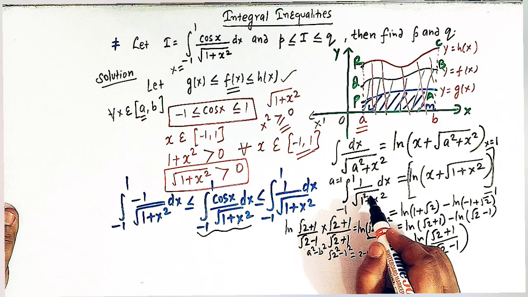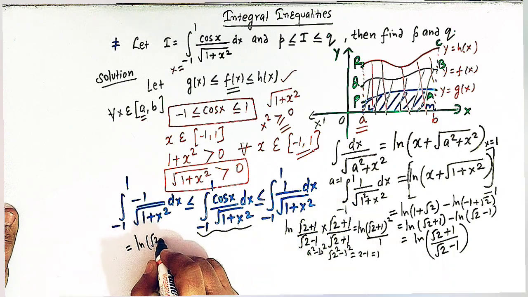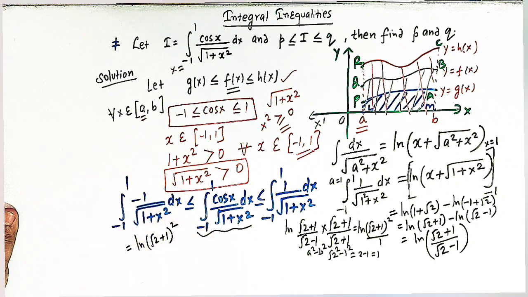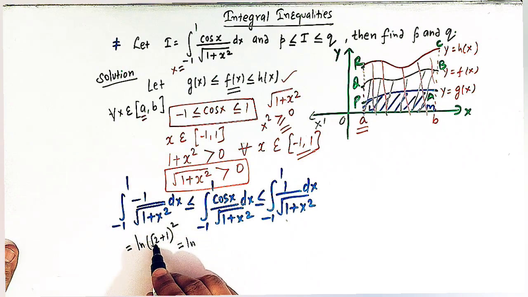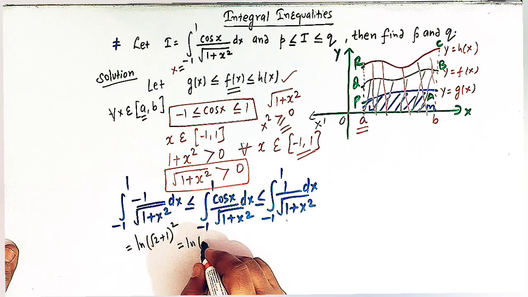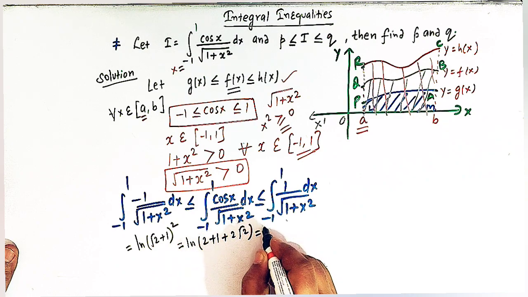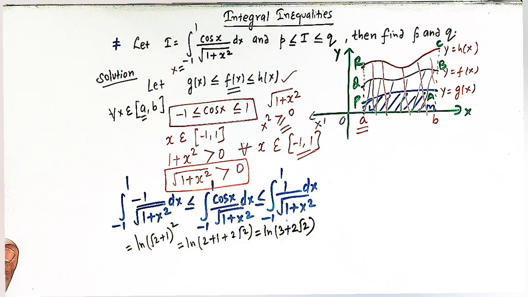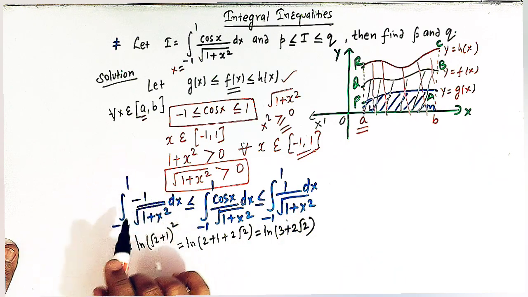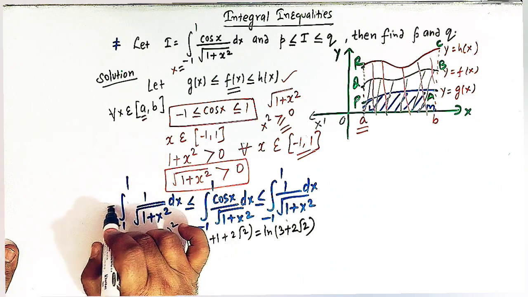So the value of this integral is equal to log of square root of 2 plus 1 whole square. So now taking the square of square root of 2 plus 1, we have 2 plus 1 plus 2 times square root of 2, that is log of 3 plus 2 times square root of 2. Here we have the negative sign, which we can write outside the integral.